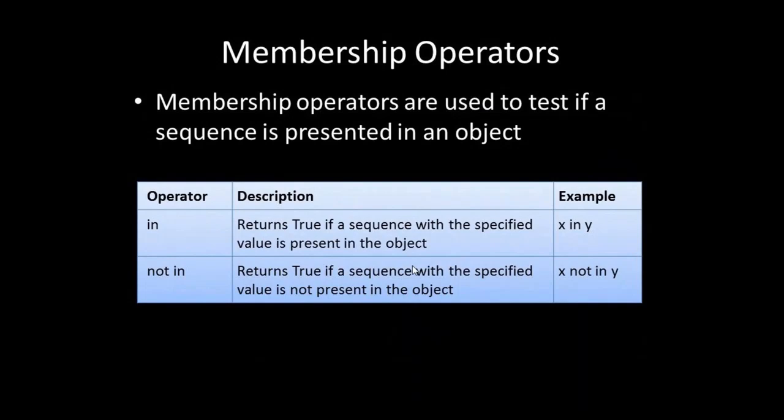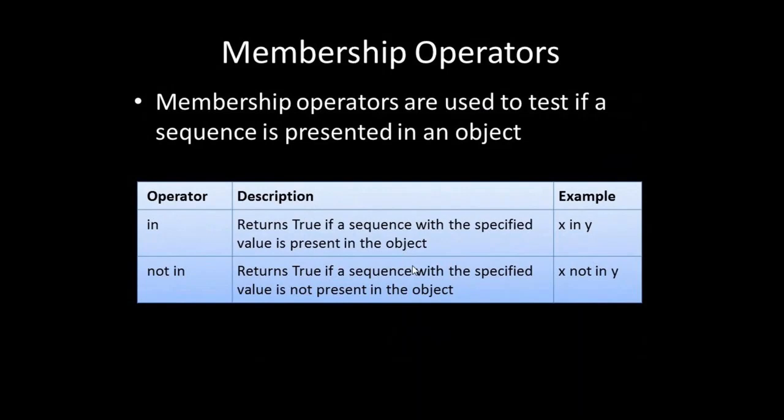These two operators are in and not in. In returns true if a sequence with a specified value is present in the object. Not in returns true if a sequence with a specified value is not present in the object.